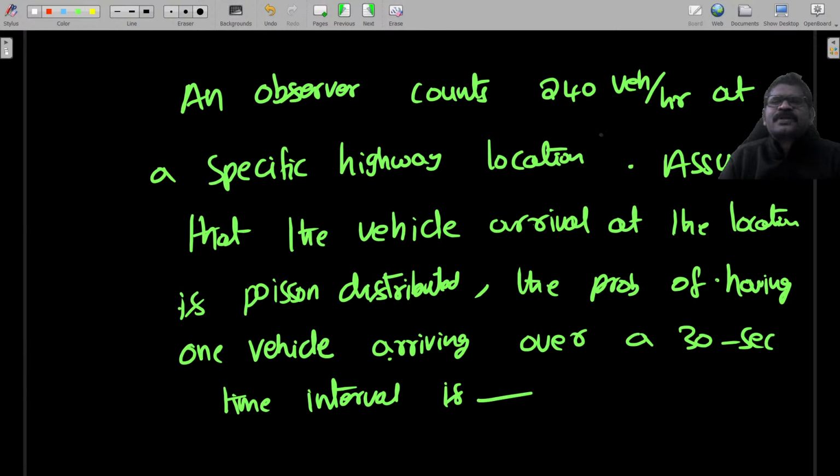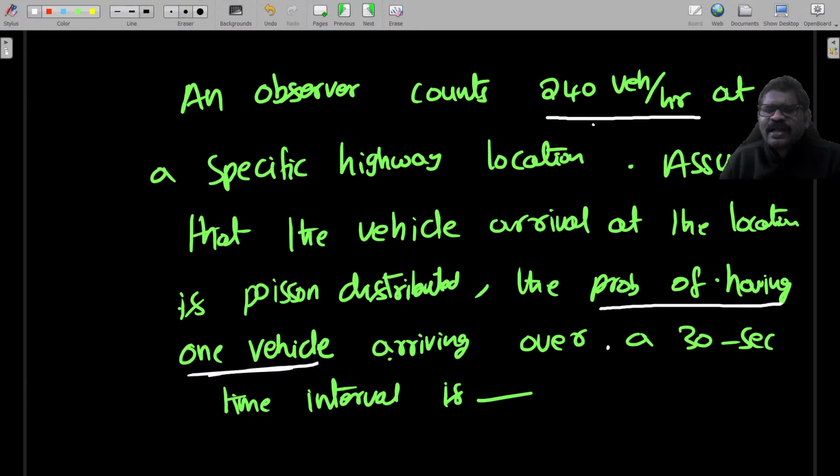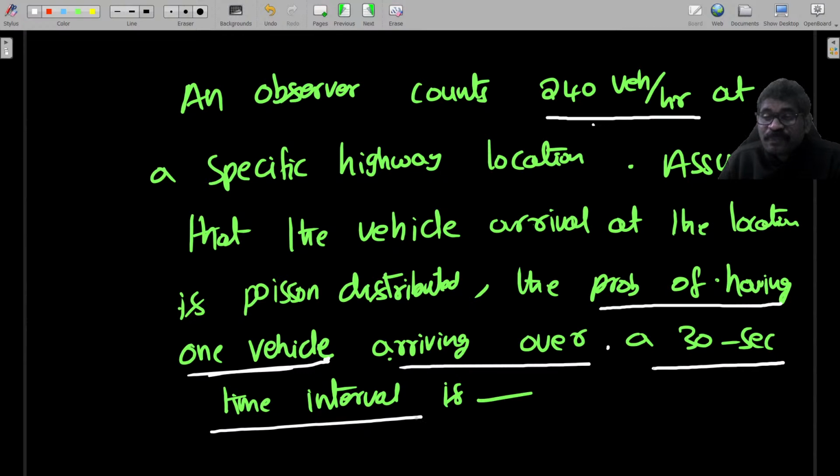Observe here, the data is given as on an average 240 vehicles crossing the point per 1 hour. But in the question, they ask for the probability of having one vehicle, where x counts the number of vehicles, so x is equal to 1, arriving over a 30-second time interval. So we have to calculate on an average how many vehicles are crossing in a 30-second time interval.